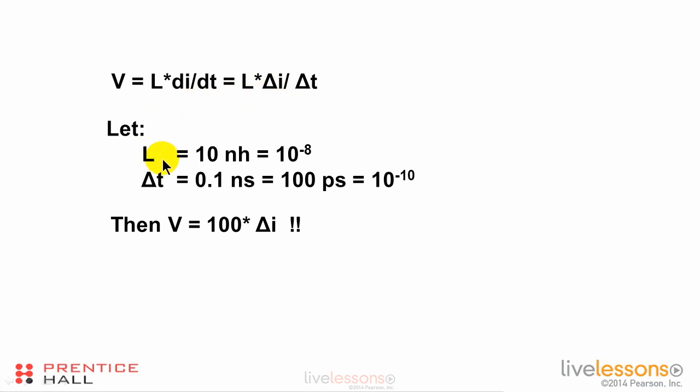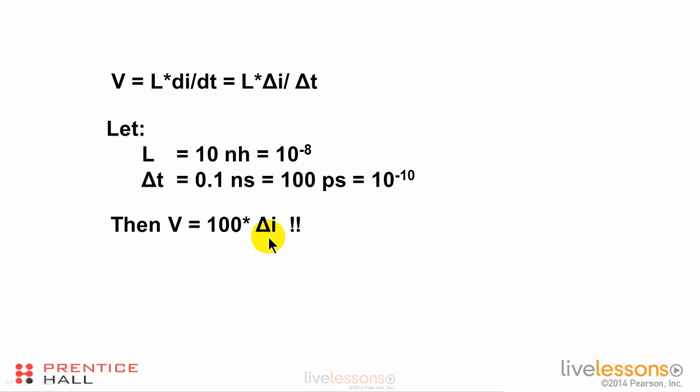So if we put in a typical relationship, let the inductance be 10 nanohenries, which is 10 to the minus 8th. Let the rise time be 1/10 of a nanosecond, or 100 picoseconds, or 10 to the minus 10th. Plug it into this relationship, then we can find that the voltage is 100 times the change in current. That seems like a lot.